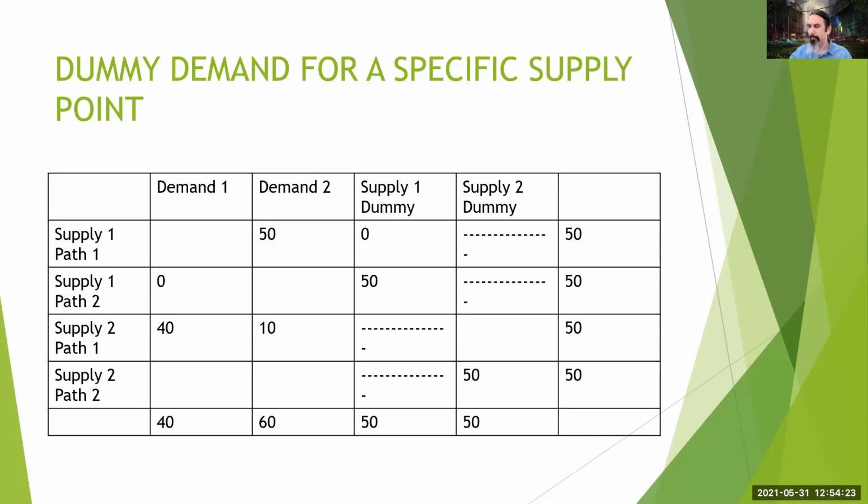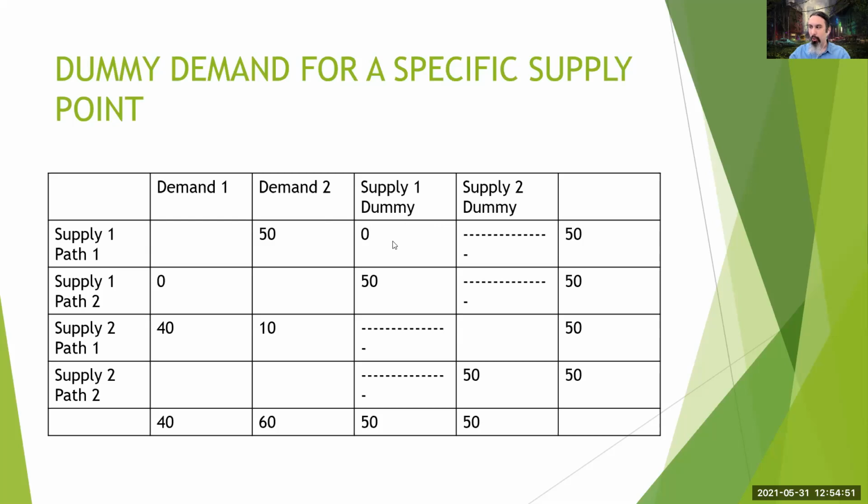At this point, we have to create a dummy demand point for that supply point, like this one. This dummy demand for supply 1 is going to take the excess goods, the goods that are not really there, that you're not sending anyway, and it will say that your path 2 is not doing anything. You are sending everything through path 1.